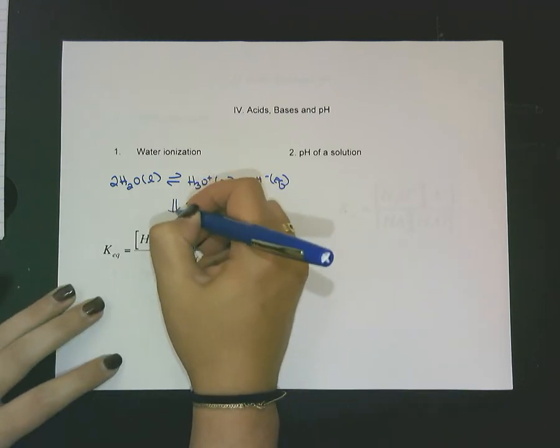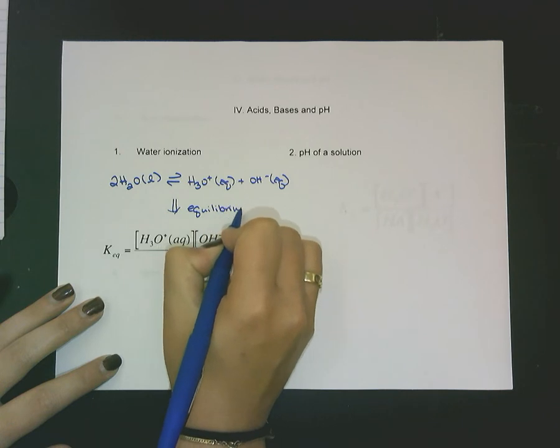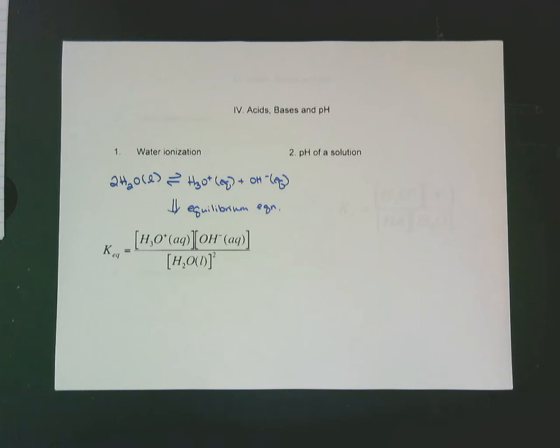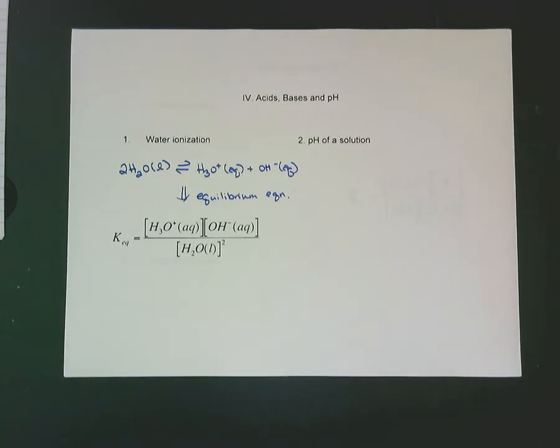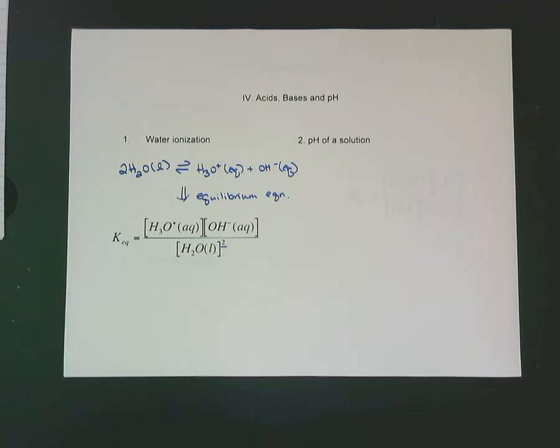So if I was to write the equilibrium equation for this, I have it right here. The equilibrium equation for that reaction is Keq equals products over reactants. Why did I square that guy? Because there's two waters. Perfect, that comes from that.